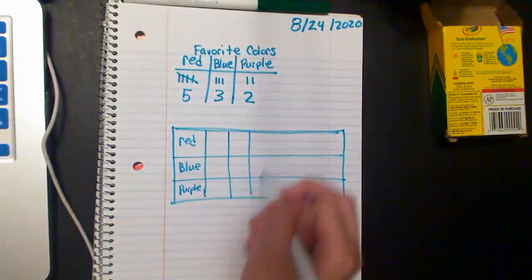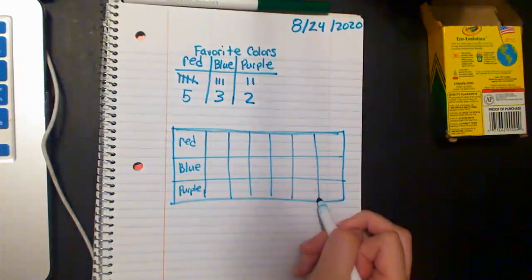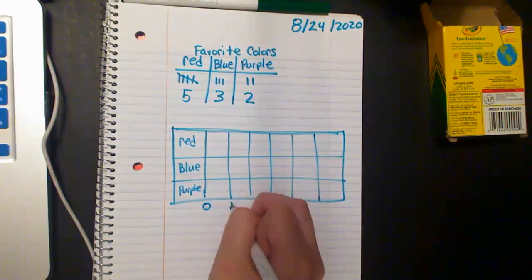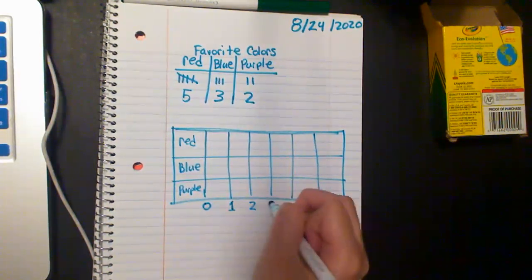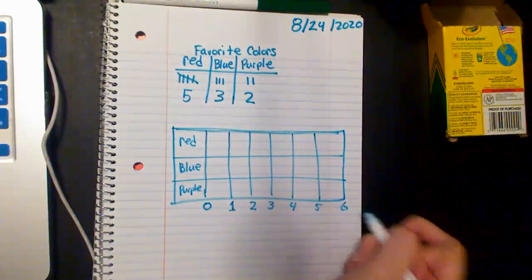1, 2, 3, 4, 5. Okay, and we're going to label our numbers starting at 0 here. 1, 2, 3, 4, 5, 6.